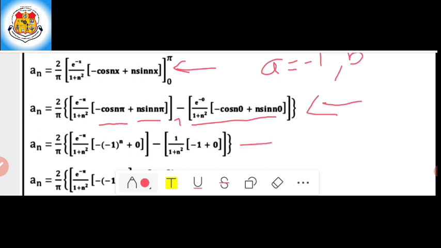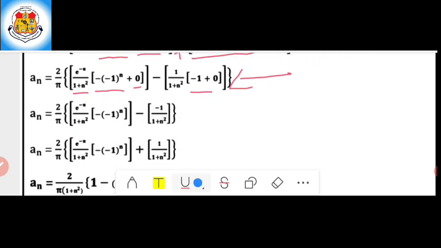So in the next step, an is equal to 2 by pi, e raised to minus pi divided by 1 plus n square. The value of cos n pi is minus 1 raised to n, the minus sign we keep as it is. The value of sin n pi is 0. Minus e raised to 0 is 1, upon 1 plus n square. Cos 0 is 1, so minus 1 remains, and sin 0 is 0.